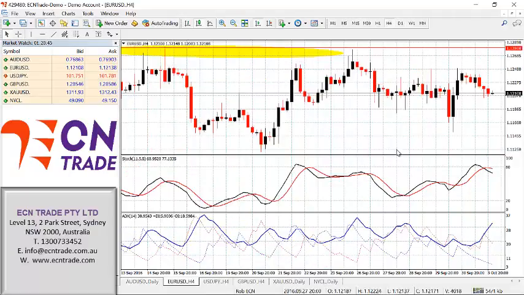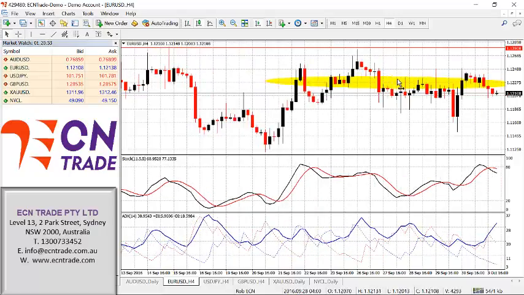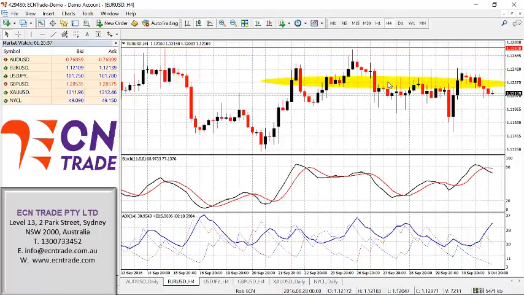The euro, still no change, still finding firm resistance from that region, which I'm highlighting here, of 112.45, and then above that firmer resistance seen at 112.70.80.